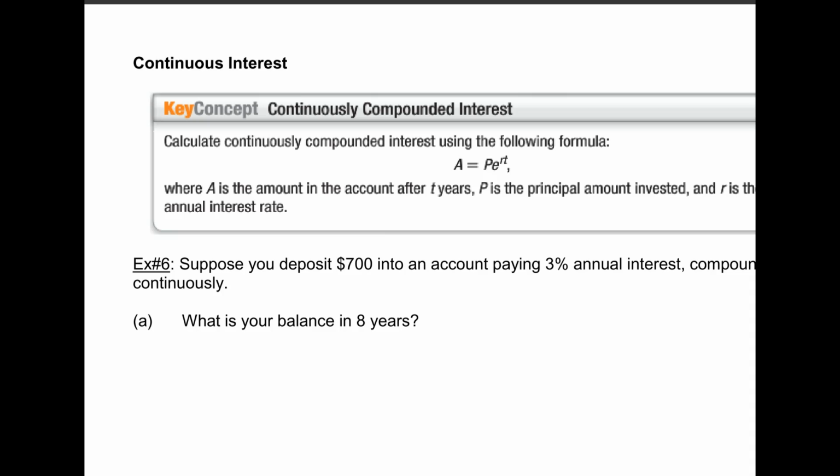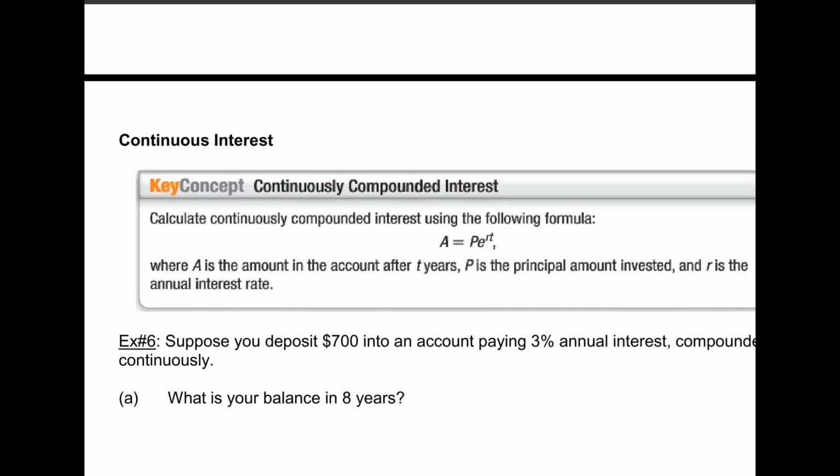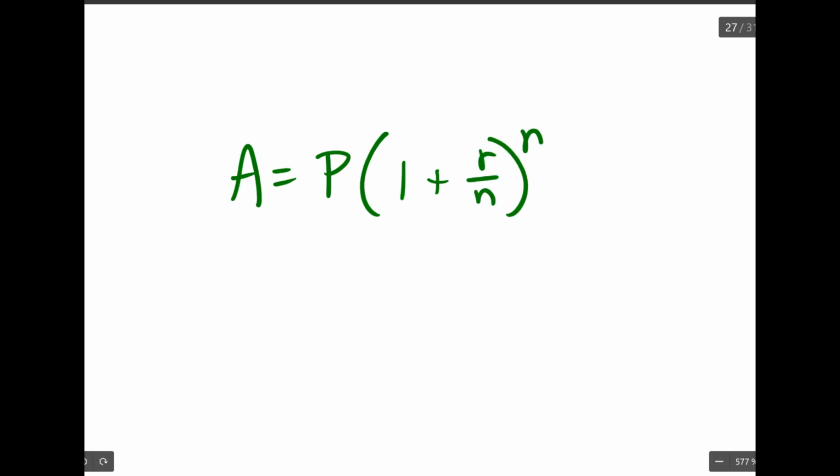We did compounding interest, where we found how much money you would earn if the bank paid you every month, or every week. The compounding is the n. Compounding interest is A equals P times 1 plus r over n, all to the nt.